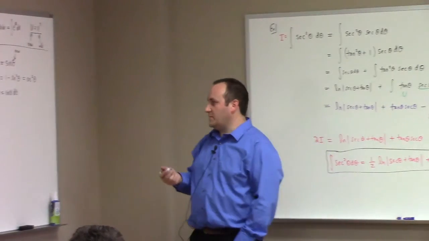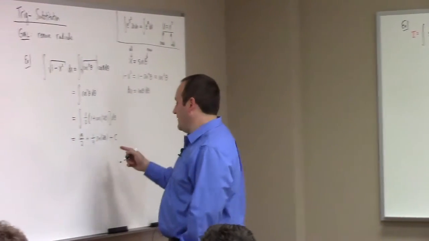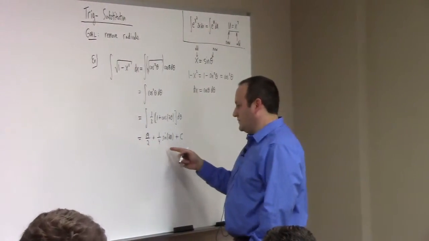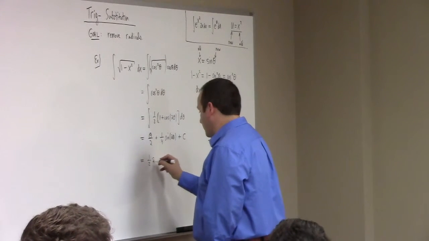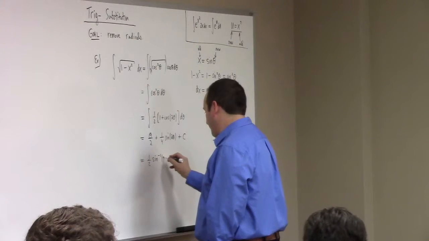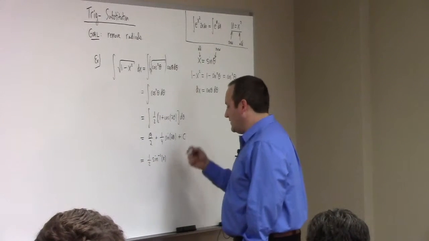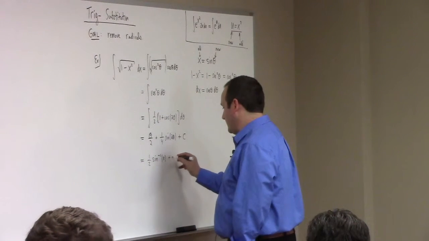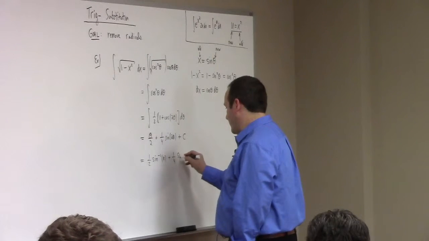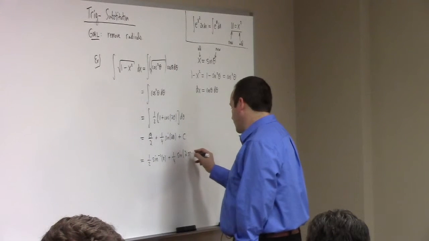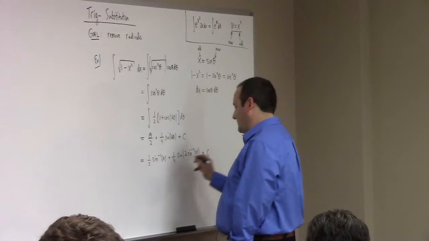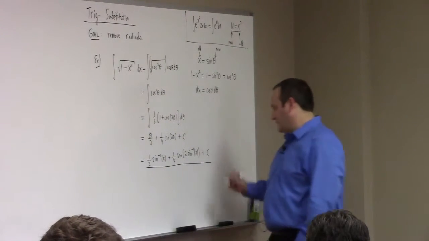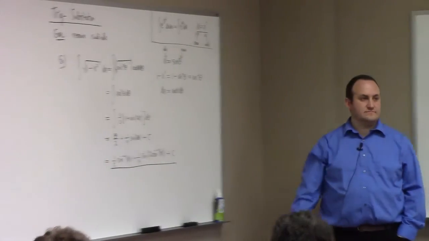I can't do much better than this. I'll tell you what, I'll write this as 1/2 times the inverse sine of x, because I need to write my answer in terms of x, plus 1/4 the sine of 2 times the inverse sine of x plus a constant. So here's the answer.